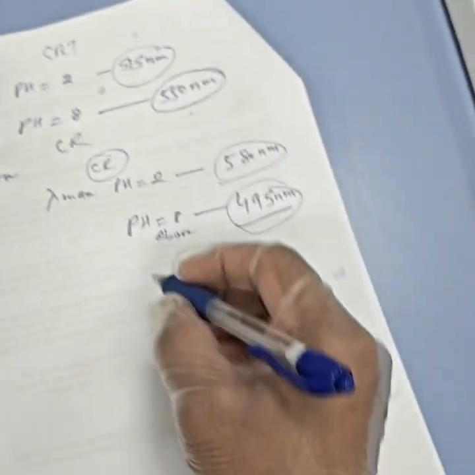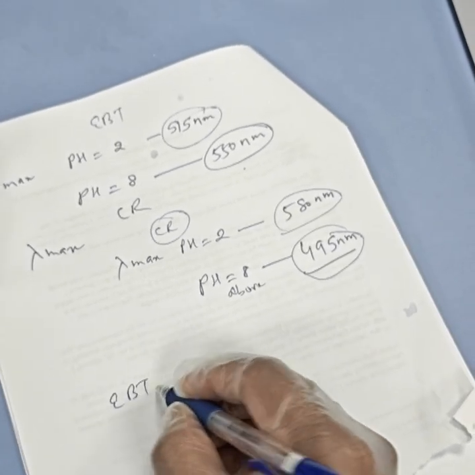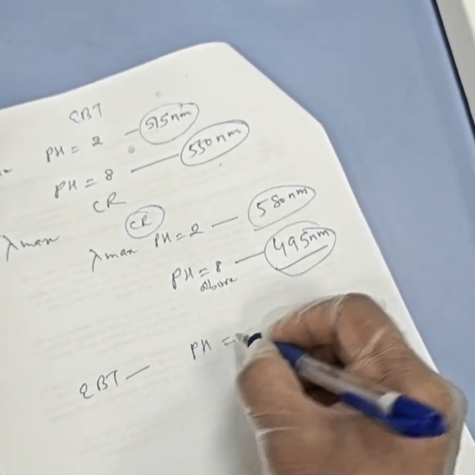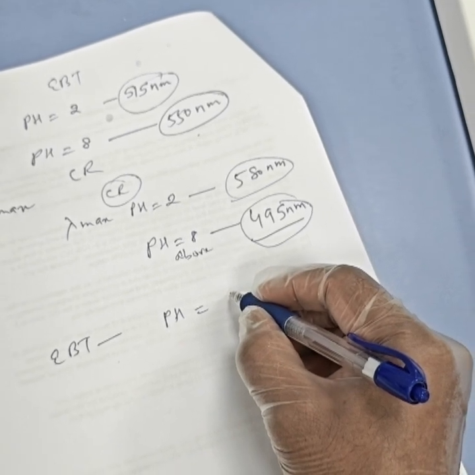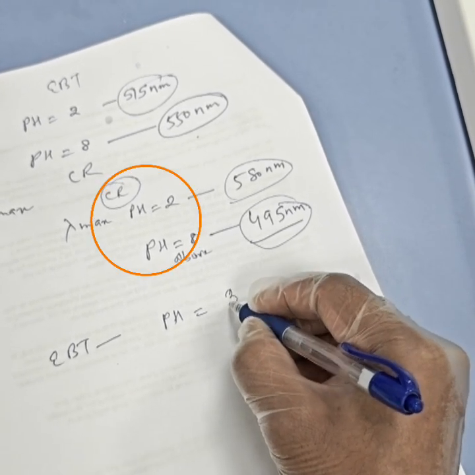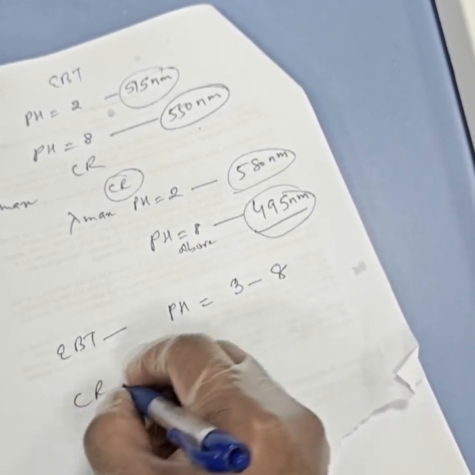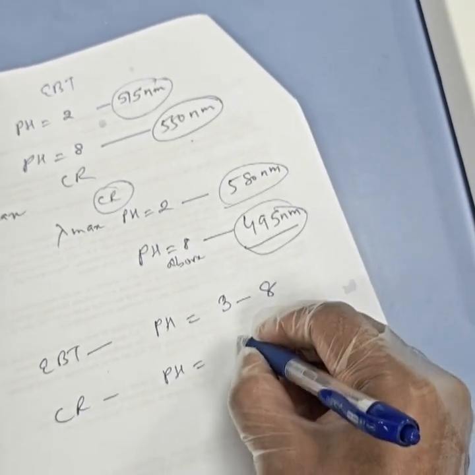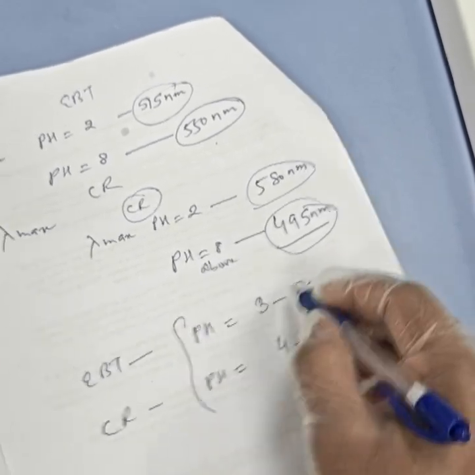So ideally, from these observations, for EBT the pH should be from 3 to 8, and for Congo red the pH should be 4 to 9 or 10, not more than this.